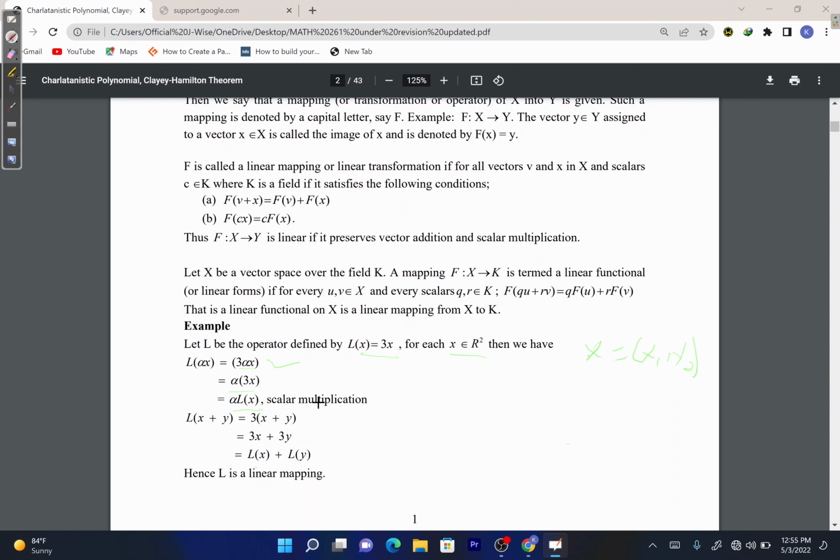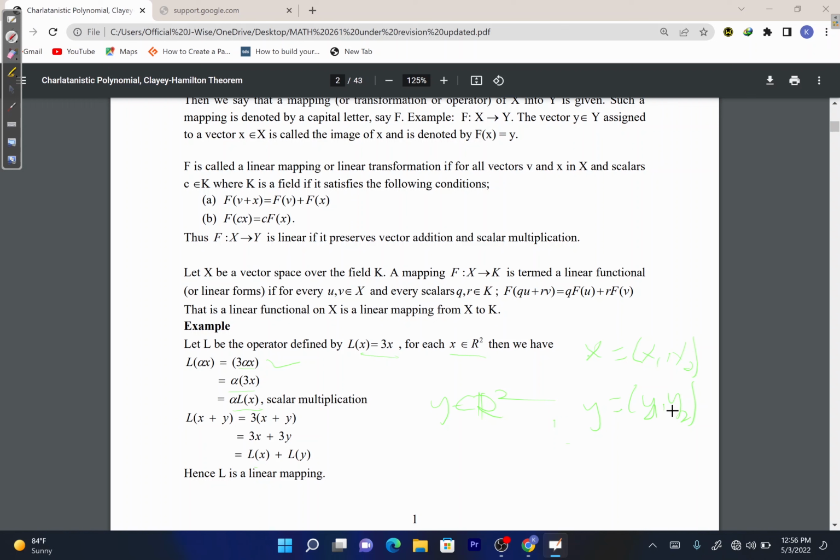So let's consider vector addition. Here we choose another vector y, such that y is also two dimensional, so y can be y1, y2. From the definition we know that L of x is 3x. When we add another vector y to x, we have x plus y, and when we perform the operator L on it, we get L of x plus y, which is 3 times x plus y.